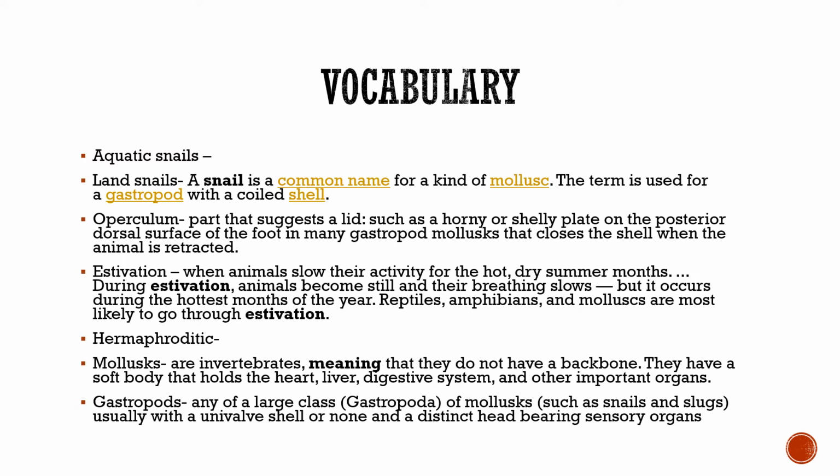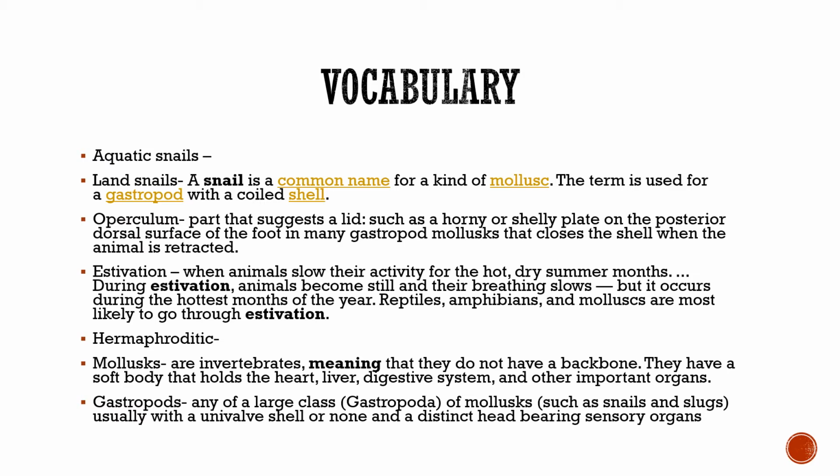They have a soft body that holds the heart, the liver, the digestive system, and other important organs. Gastropod. Any of a large class of mollusks, such as snails and slugs, usually with a univalve shell or none, and a distinct head bearing sensory organs.